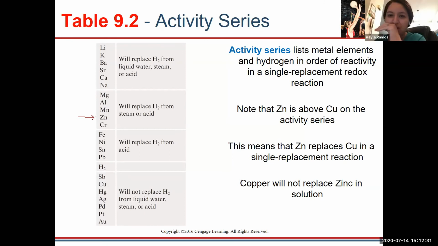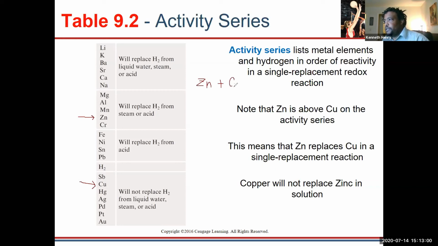So, okay, zinc is right here, and copper is right here. So zinc metal can replace copper in a single replacement reaction, but copper can't replace zinc. Okay? So like earlier, do you guys remember the reaction earlier with the copper and the zinc? So we had zinc metal reacting with copper nitrate.